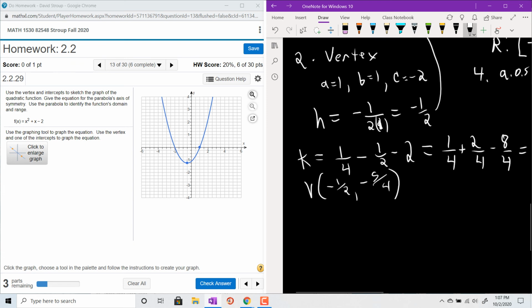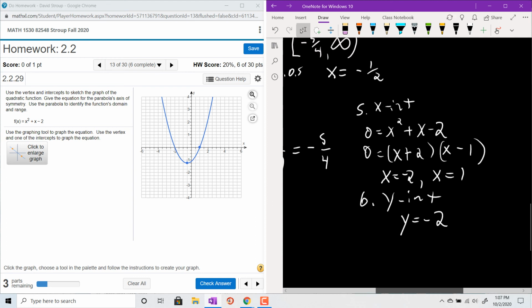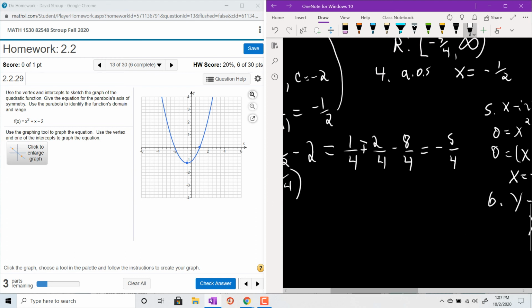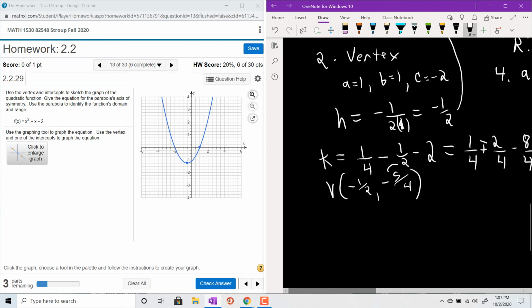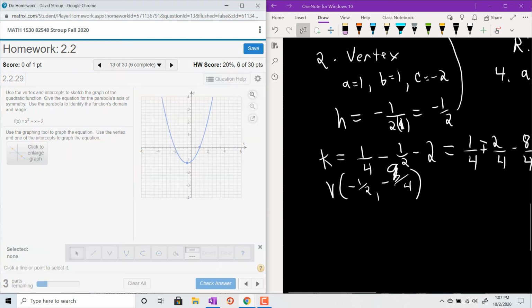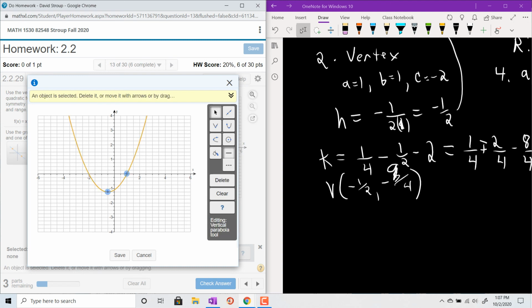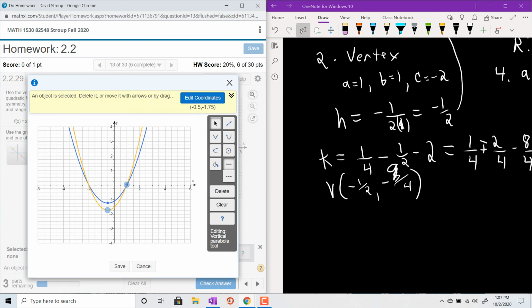So this is minus 8, it should be 9 fourths. 8, 9, 10, so 9 fourths. So this is 9 fourths. And so this guy should be negative 2.25. Okay, let's see if that works.